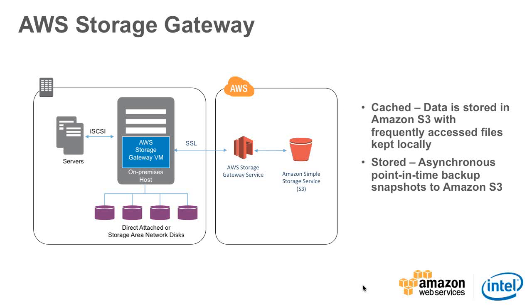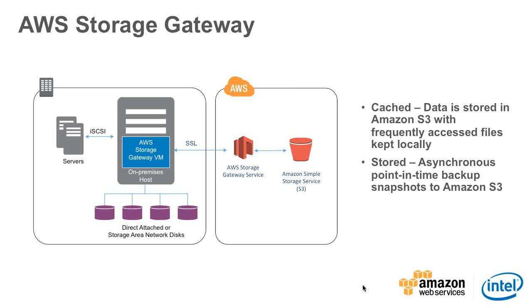This is a great way to start extending your storage capacity that you have on-premise with the help of S3. You could have a storage host on-premise that might just have a terabyte, but now through the Storage Gateway service have much more space to actually store your data, because it will be pushed and retrieved from S3, with only the 1 terabyte used on your on-premise host to keep the frequently accessed files.